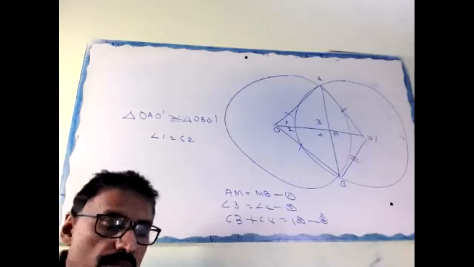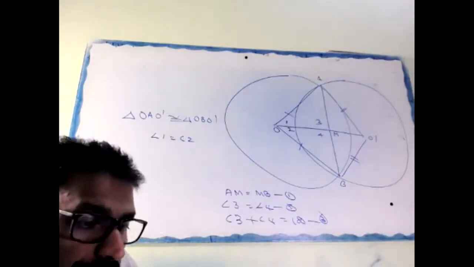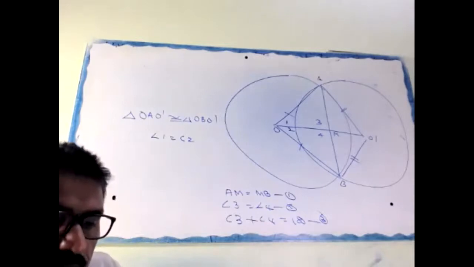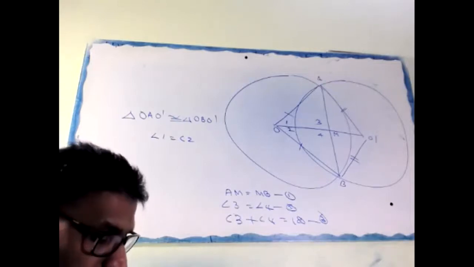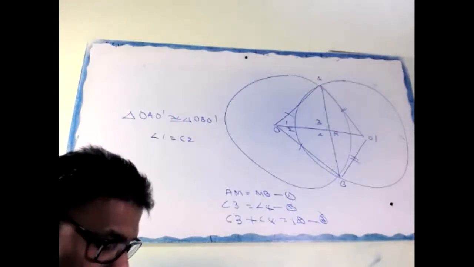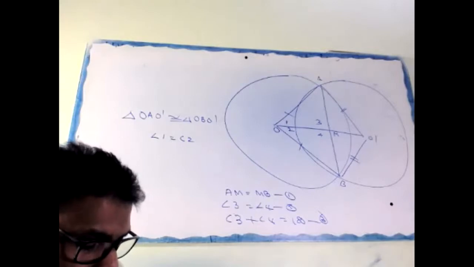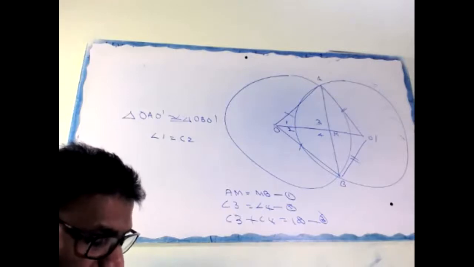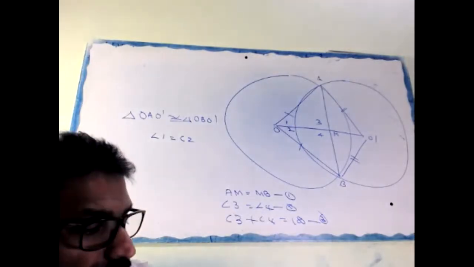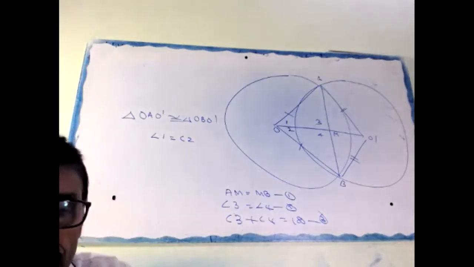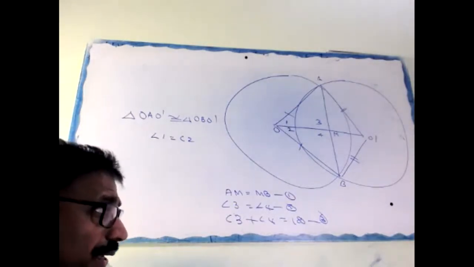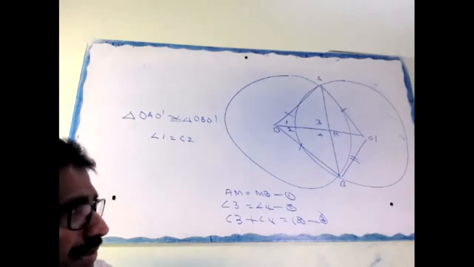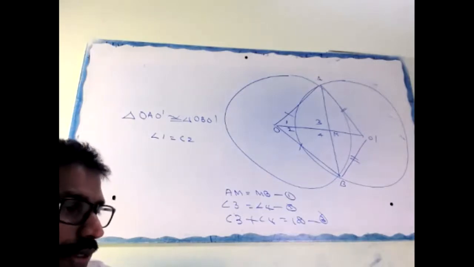Right. In triangles OAM and OBM, OA equal to OB, radii of the same circle.